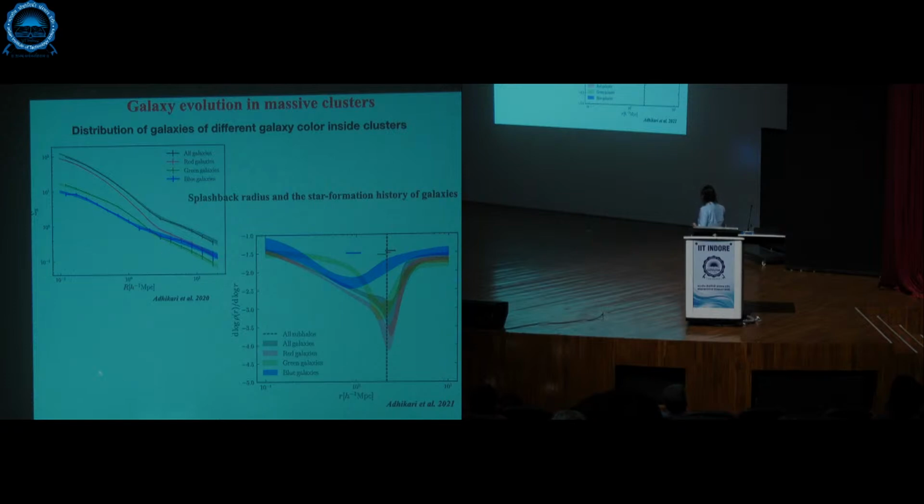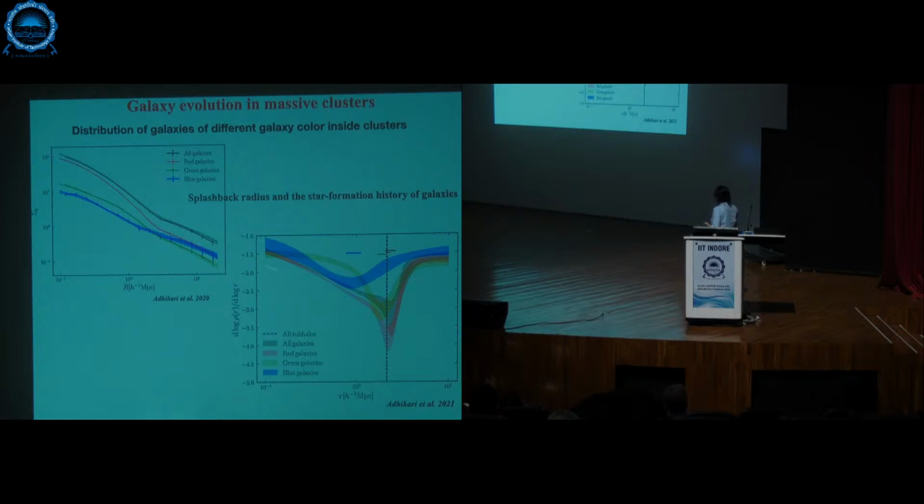So one thing that we found is that for different colored galaxies, the distribution itself is quite different. And also the distribution of the slope profiles, so this is the density profile and this is the slope profile. The slope profile of galaxies around clusters of different colors are quite different from each other when you break them up into different galaxy bins.